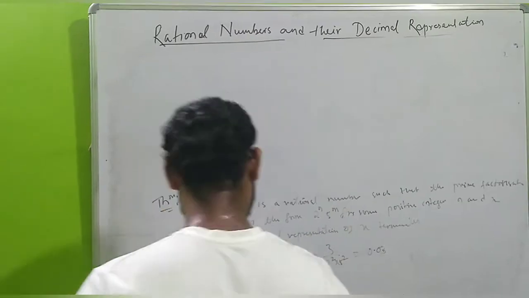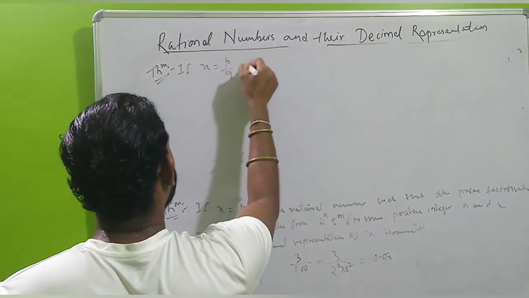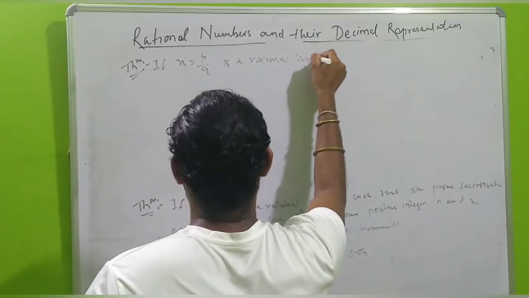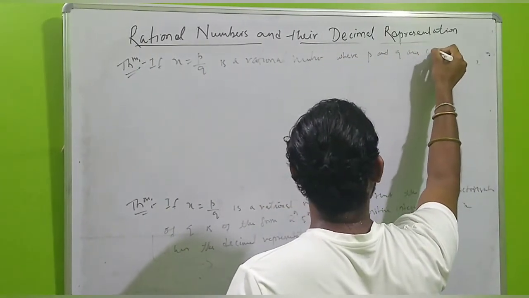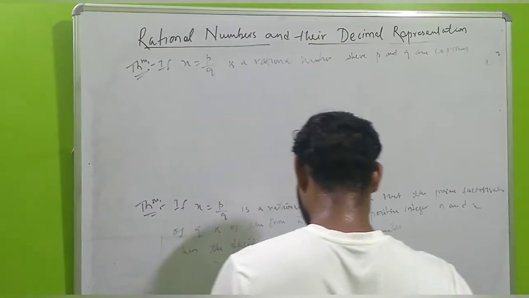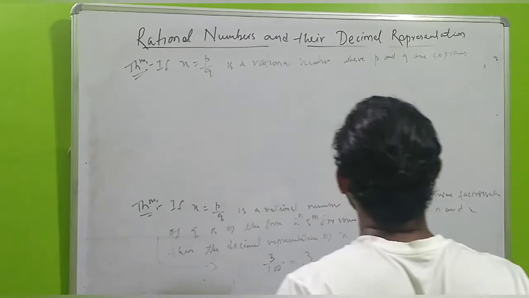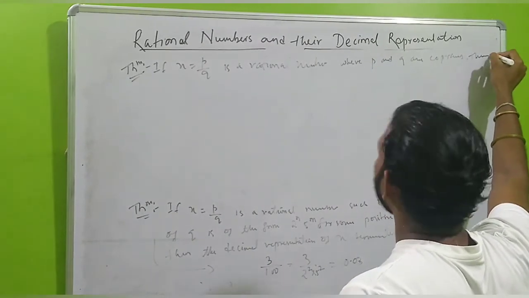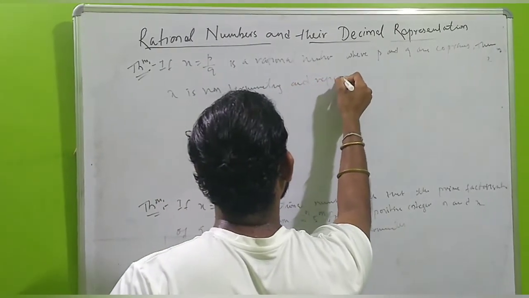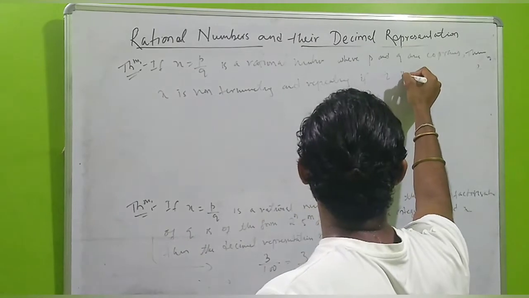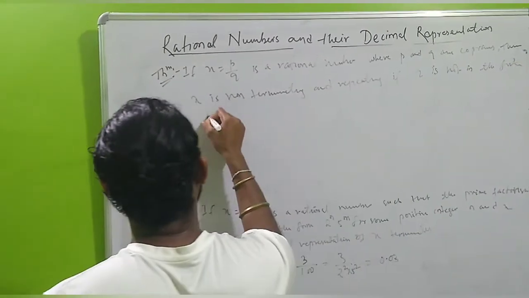That theorem says if x is equal to p by q is a rational number where p and q are co-primes, then x is non-terminating and repeating if q is not in the form 2 to the power n into 5 to the power m.